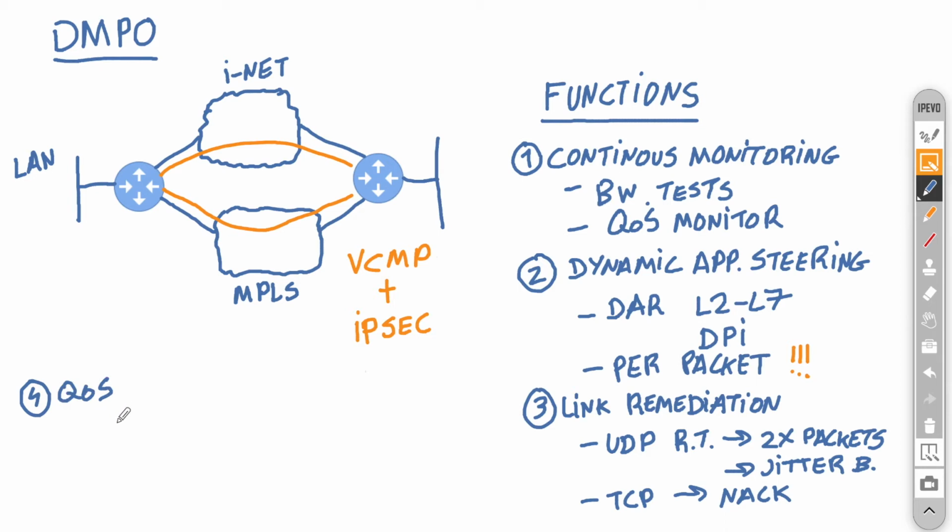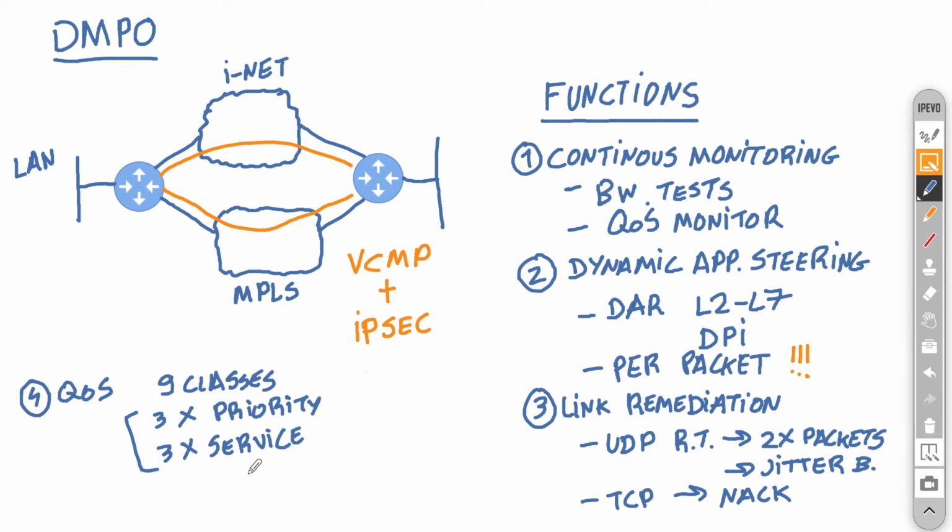Although QoS should be a class in itself, and I'll definitely do a more in-depth video later on this, the most important thing to note is that we have 9 classes that are defined by 3 priority and 3 service levels. So we have high, normal, and low priority, and real-time, transactional, and bulk service levels.